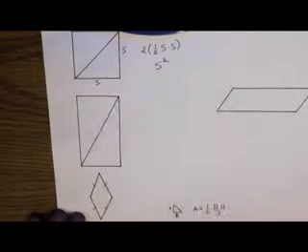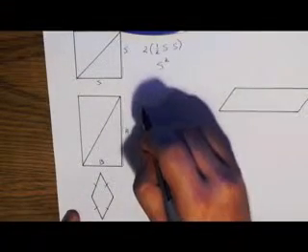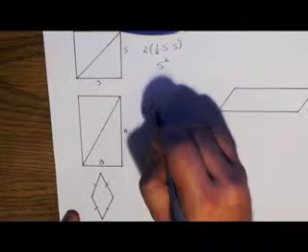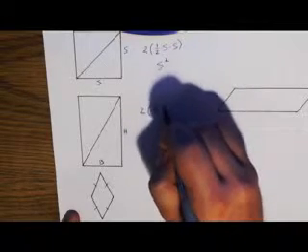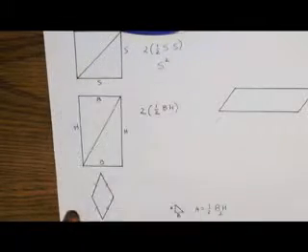Whereas before, for the square, the side lengths were S, these ones we're going to have to mark as a base and a height. But again, it follows the same rule. You have two of these triangles, each of which has 1/2 a base times a height.